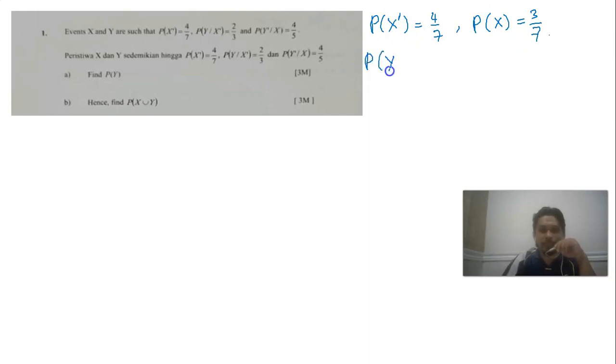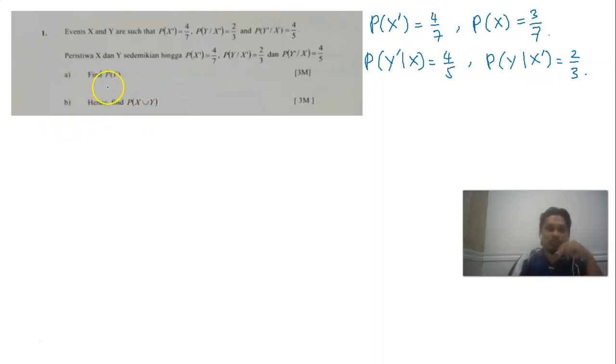And probability of Y complement given X equals 4/5, and probability of Y given X complement equals 2/3. The first question is to find the probability of Y. So question number 1a, probability of Y.